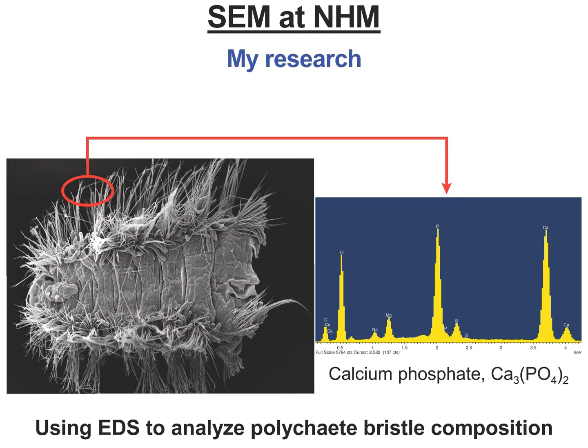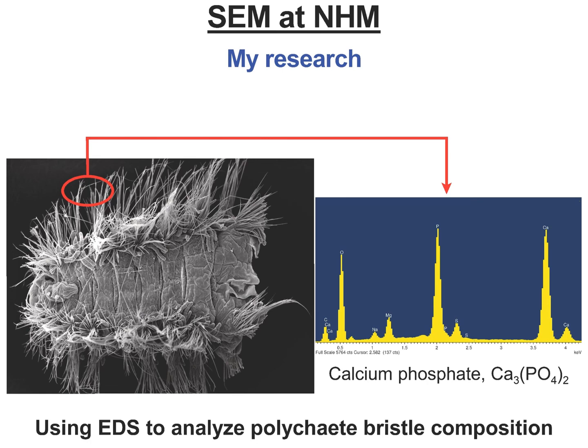Recently, I've been using EDS, or energy dispersive X-ray spectroscopy, on our SEM to analyze the composition of the bristles on a group of polychaetes called fireworms. When high-energy electrons hit an object in an SEM, in addition to producing secondary electrons, X-rays are also emitted.